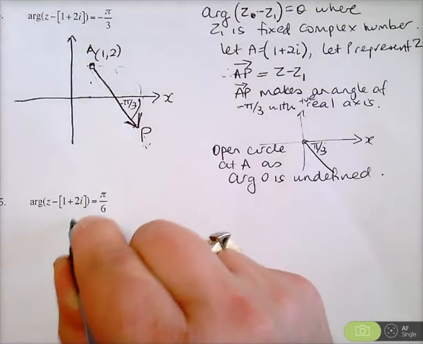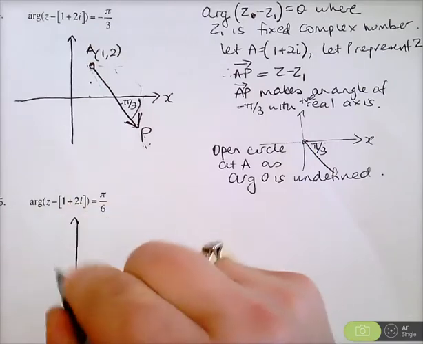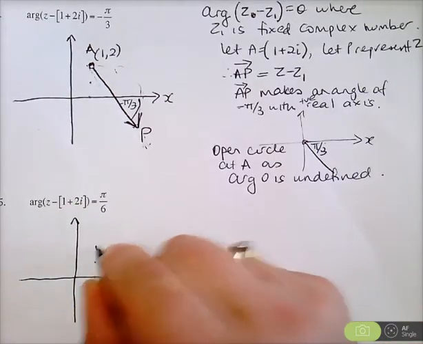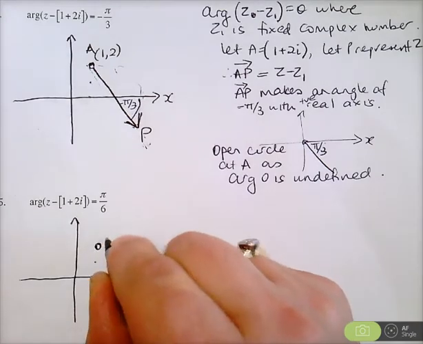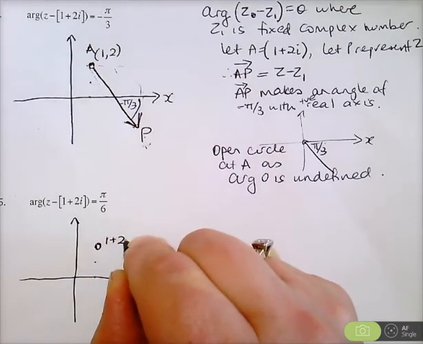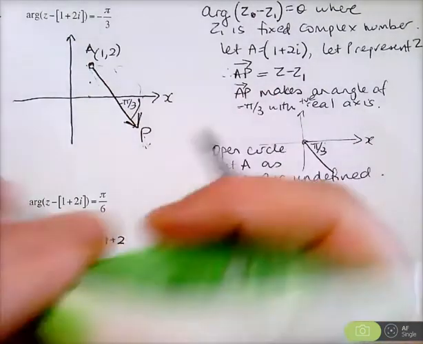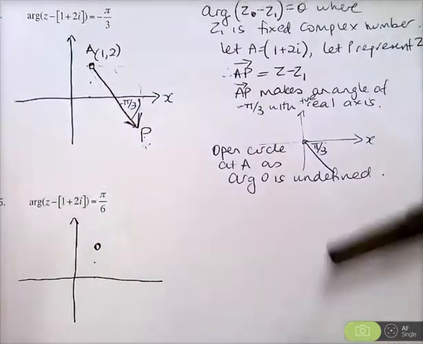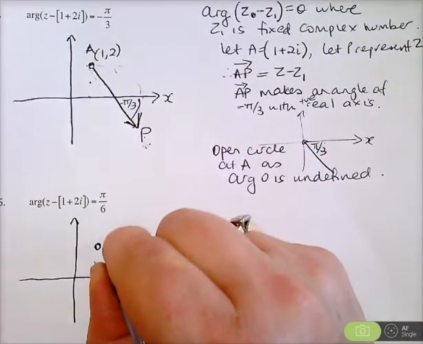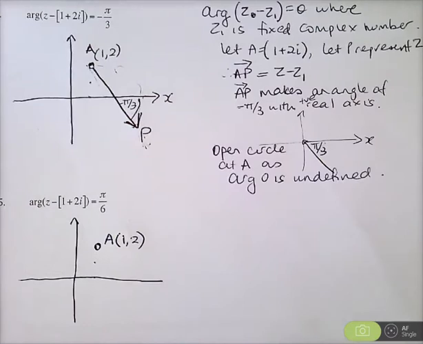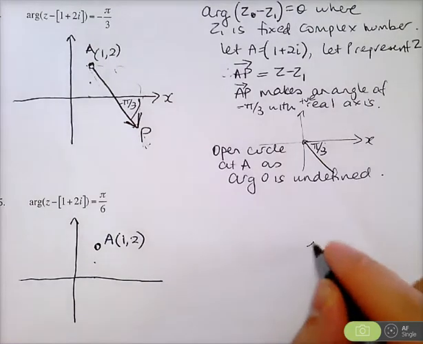Okay, the next one. Arg of z minus 1 plus 2i looks the same at the beginning: spot 1 plus 2i, open circle at 1 plus 2i. We just go 1 comma 2. So we've got A, the point 1, 2 again, but that angle needs to be pi on 6.